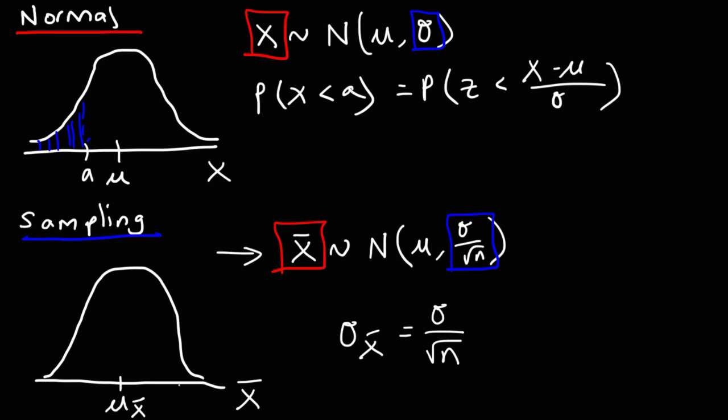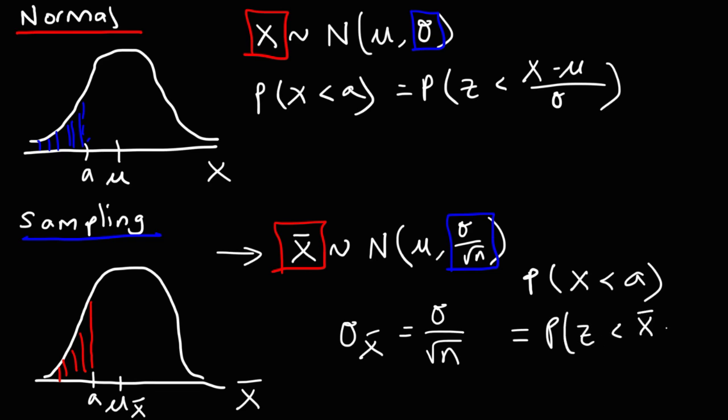Now for a sampling distribution, let's say we want to do the same thing. The probability that x is less than a for the sampling distribution is going to be the probability that z is less than x bar, the sample mean, minus mu, the population mean, divided by sigma over the square root of n.